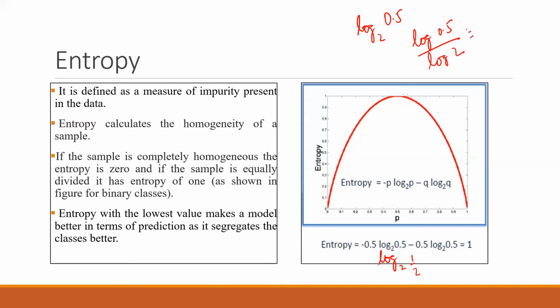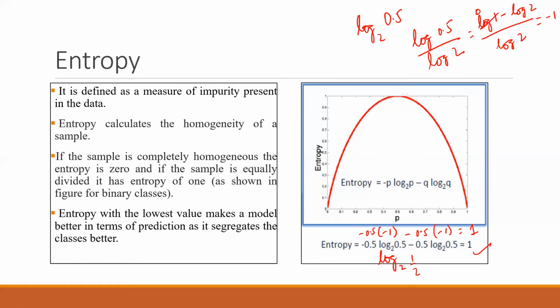And log of 0.5 means log of 1 by 2, which is log 1 minus log 2, divided by log 2. Log 1 is 0, and minus log 2 upon log 2 means minus 1. So it means minus 0.5 into minus 1, minus 0.5 into minus 1. So it comes out to be 0.5 plus 0.5 equal to 1. So that's why this 1 is there. I hope this equation is clear to you.